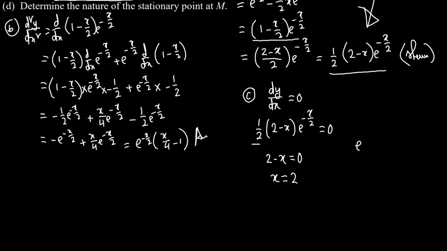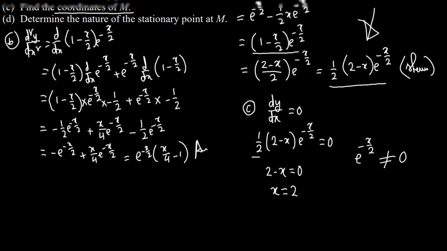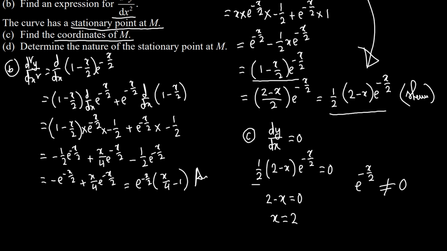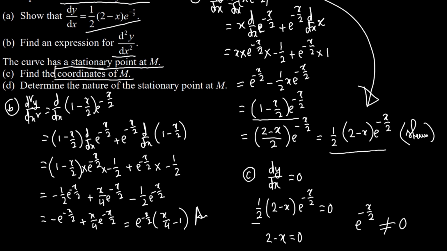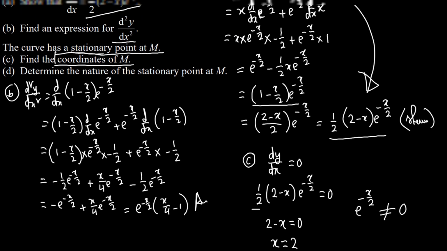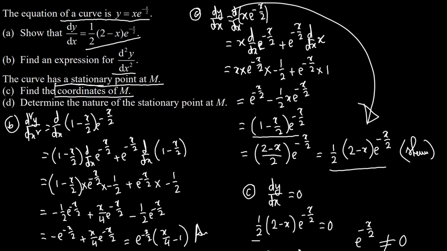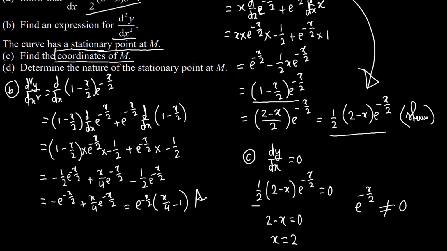We would not consider e to the power minus x by 2 as 0 because it is never possible. So this is the x value of the stationary point. Now we need to find the y value because the coordinates are asked. For that, we put this x value in the main equation. Our main equation is y equals x e to the power minus x by 2.